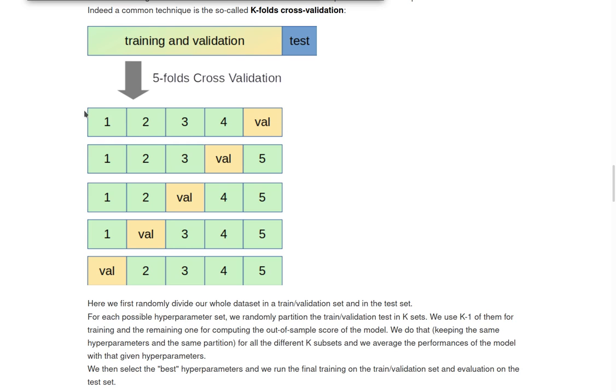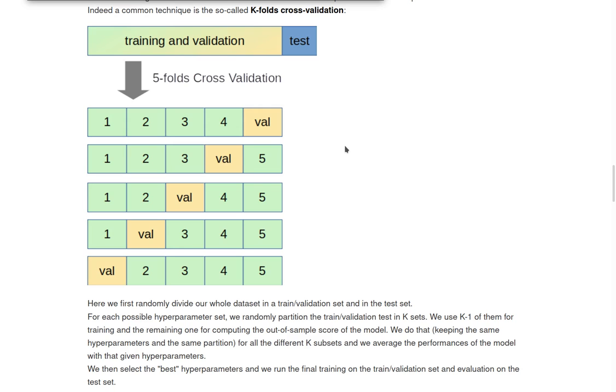So we divide our training and validation set in 5. We train the model a first time over the first 4, and we validate the model on the last of the 5 sets, and we repeat the process, each time keeping a different remaining subset as the validation set. So here we'll have the validation set that will return some accuracy or some error of the model.